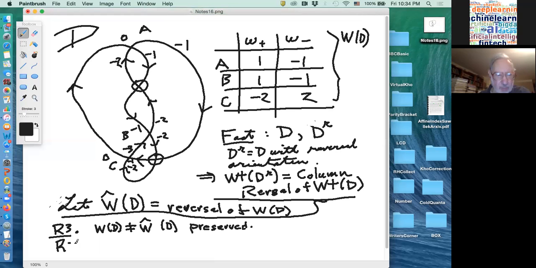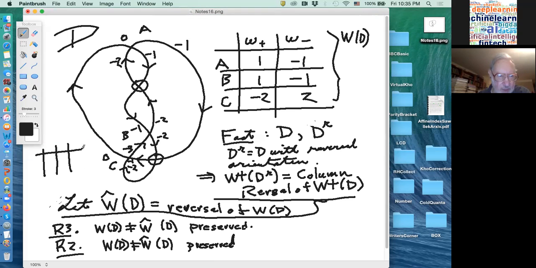What if you do R2? And if W of D is not equal to W hat of D? Well, it still will be preserved, right? That is one way of explaining what it was that we found, because you see, what we found was that you would augment by n, minus n, minus n and n, right?